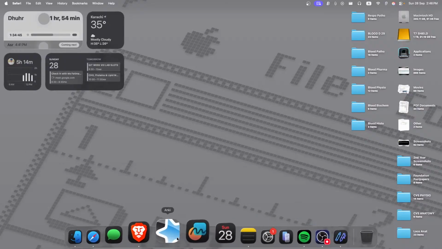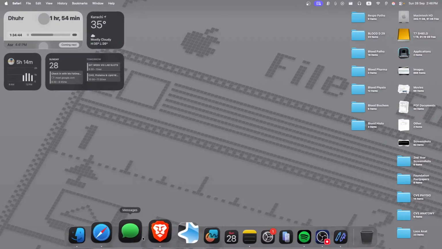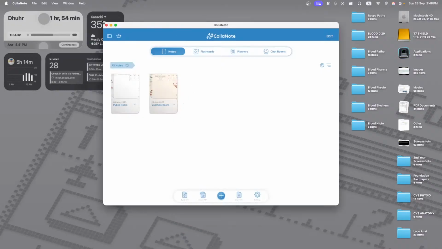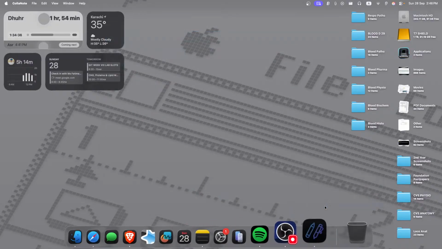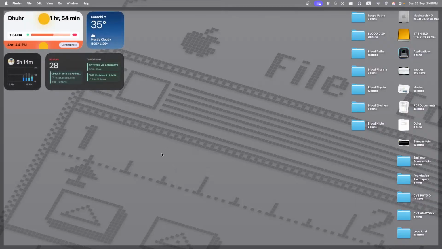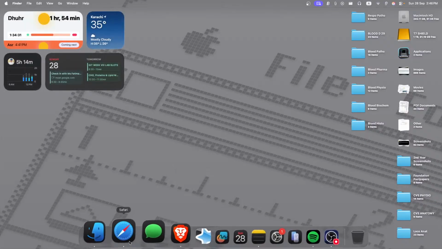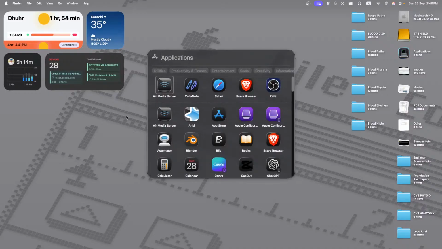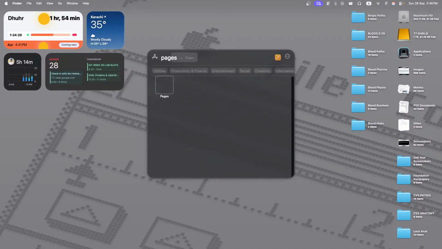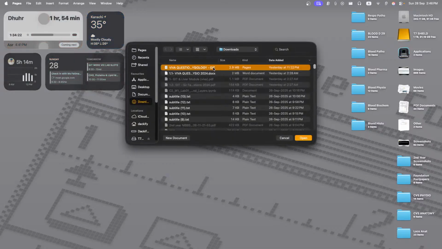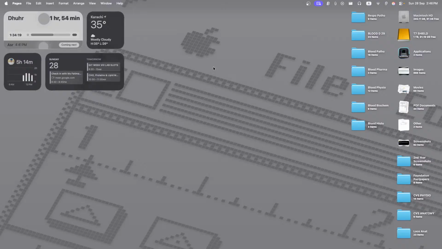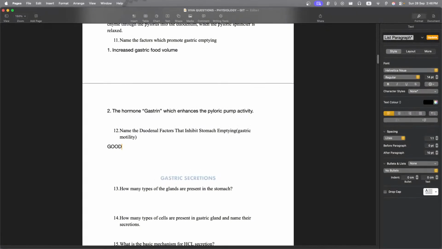Why don't we write it here? I need a Pages app or something. Surely there's a way to type on the tabs. Type it on Pages. Bye bye.